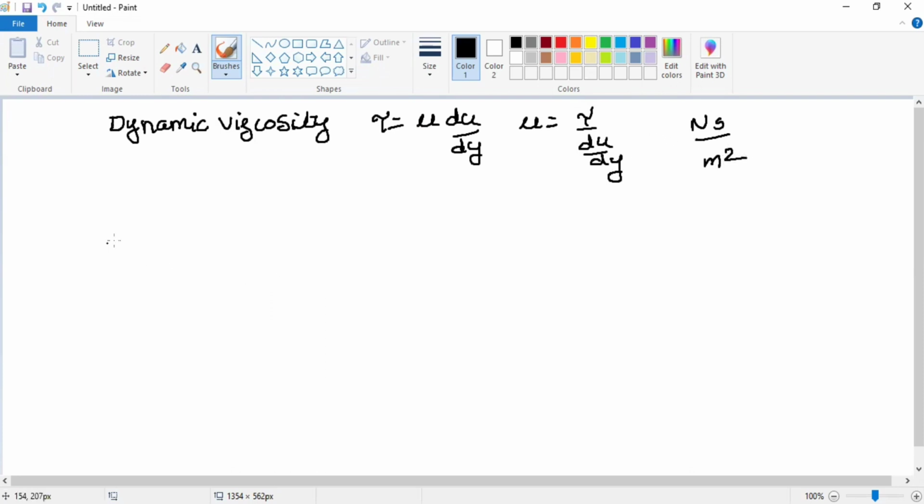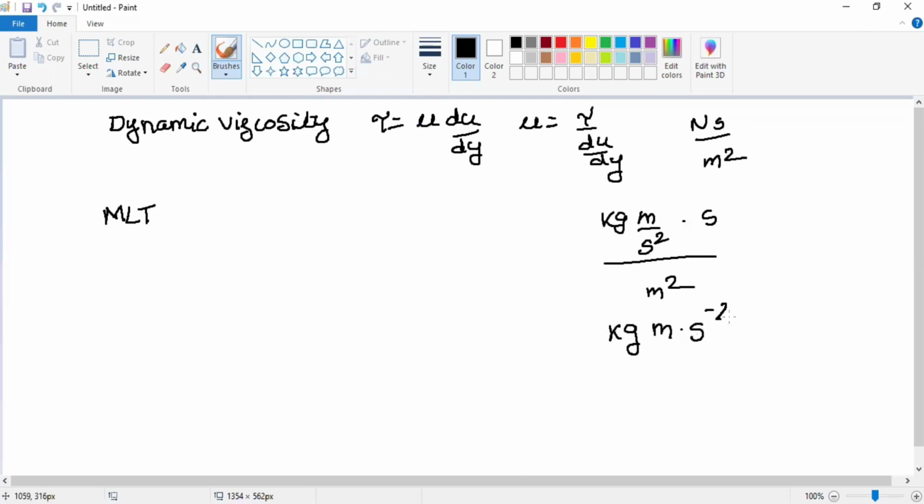Now we have to learn about the dimensional formula MLT. Newton means kg meter per second square, and the second is divided by meter square. It can simply be written as kg meter second power minus 2, second, meter power minus 2. Then it becomes kg meter power minus 1 second power minus 1.